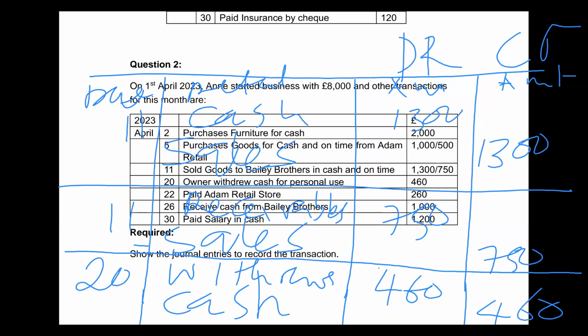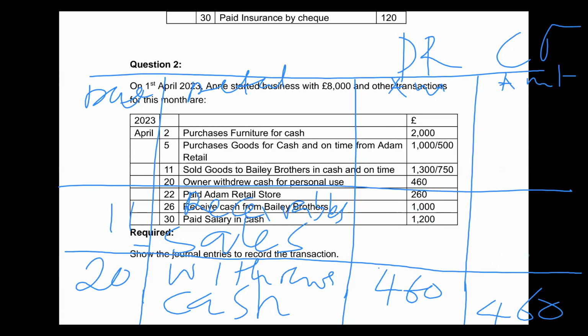Next transaction, please. Okay. I paid Adam retail store. So cash account will be credited, Adam will be debited. Right. That will be on the 22nd. So you paid Adam retail stores. What are you paying? We are paying them 260.